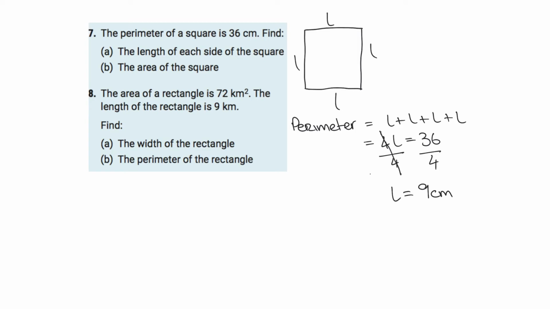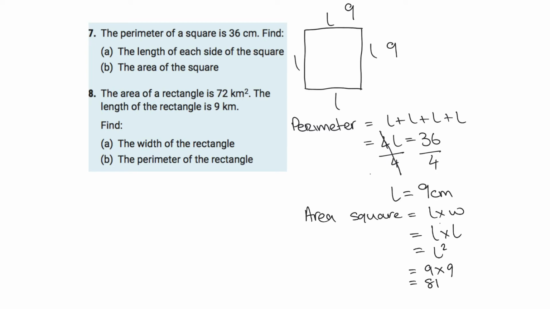The second part of this question says find the area of the square. So now I know that each side is 9. I can say that the area of the square is length by width or breadth. But since the width and the length are the same, I can say it's length by length, or L squared, which is 9 by 9, which is 81 centimetres squared.